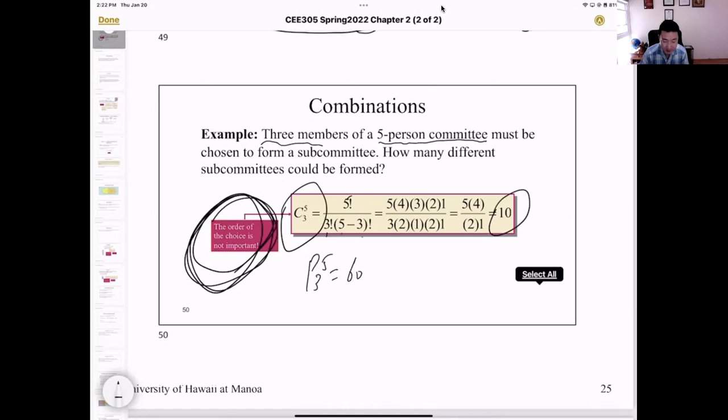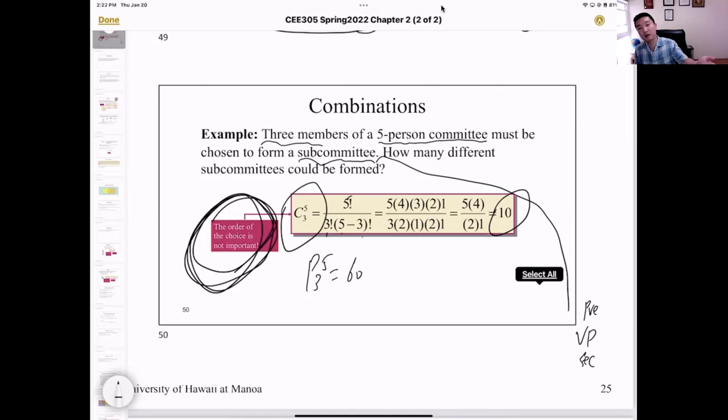So let's say we choose 3 members of a 5-person committee and form a subcommittee, and in this subcommittee, the 3 members have different roles. So for example, we have president, vice president, VP, and secretary.